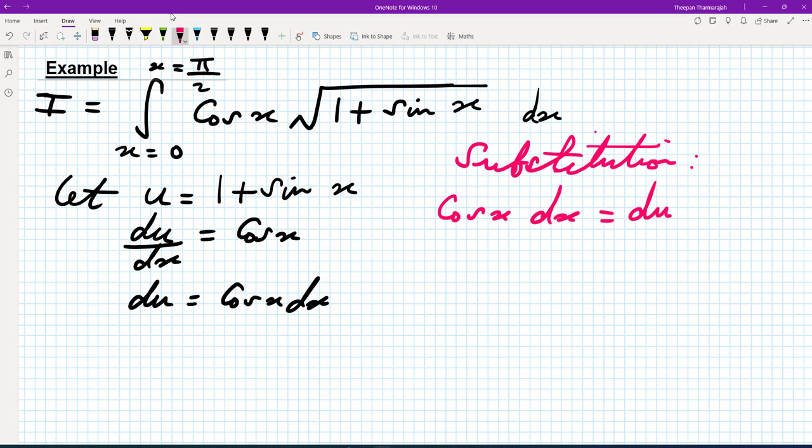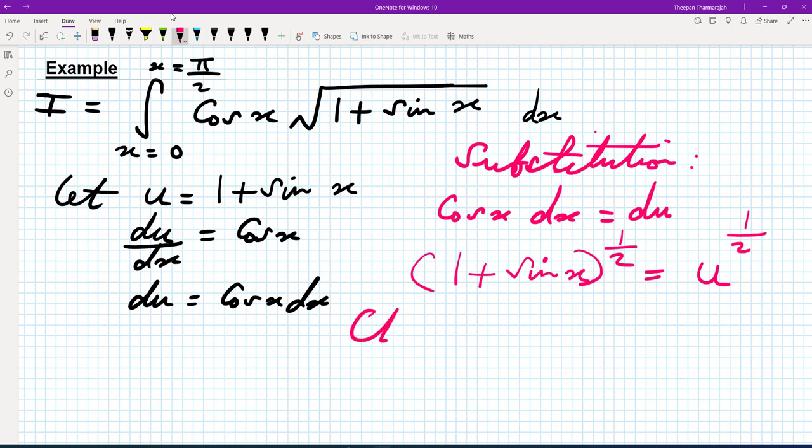The square root of 1 plus sine x is the same thing as 1 plus sine x raised to the power of a half, which will be the same thing as u to the power of a half. But again, we cannot use incorrect limits, so we need to change the limits.